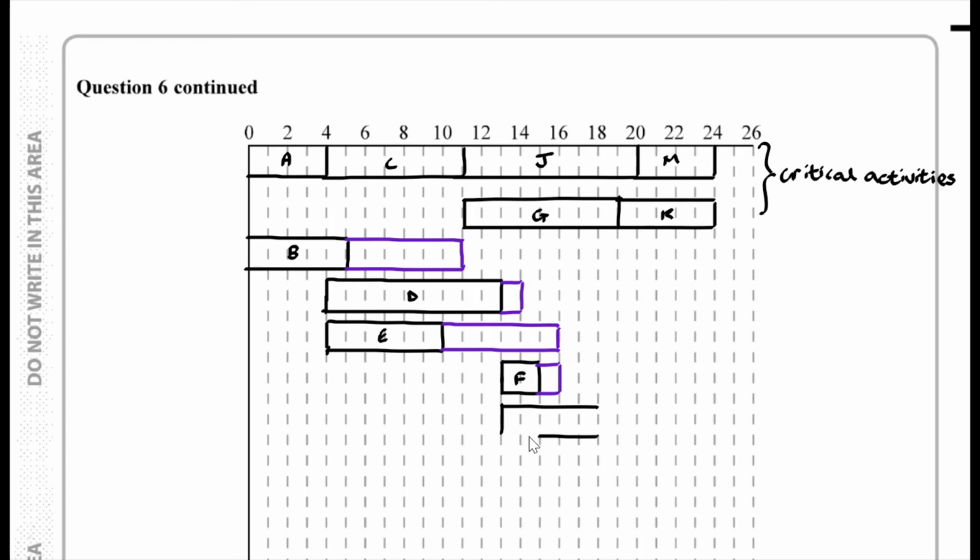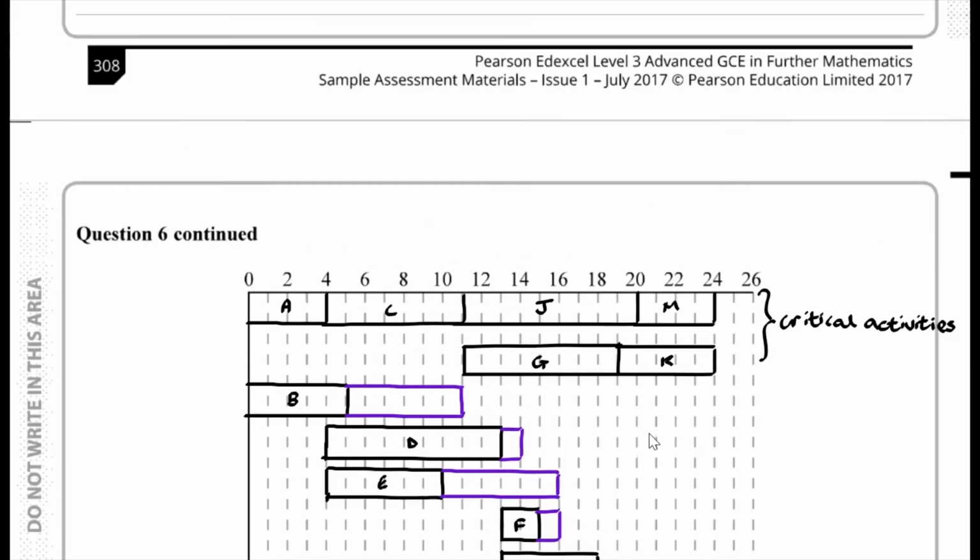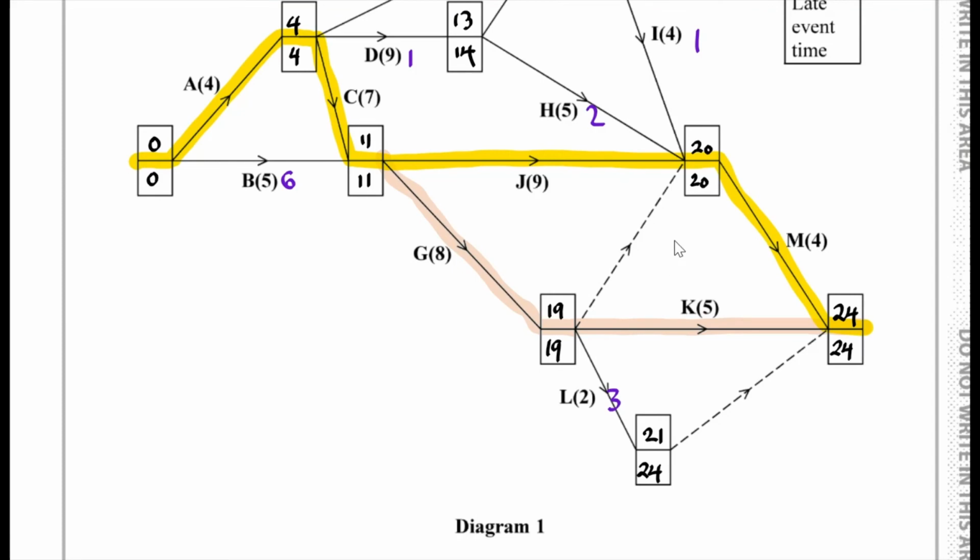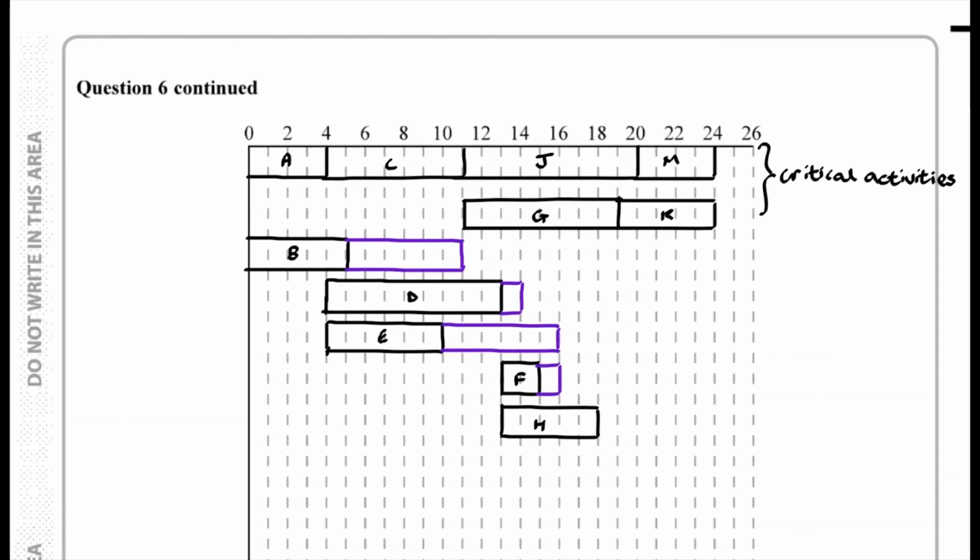Okay, so this over here is H. And in terms of what's left over is 2. So let's just add that in. We have 2 left over, as shown here.